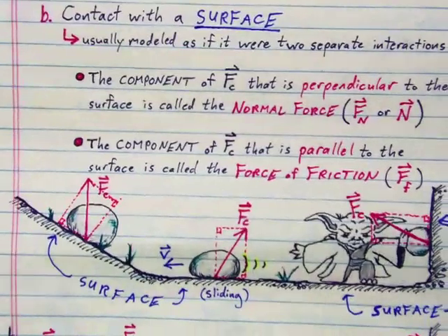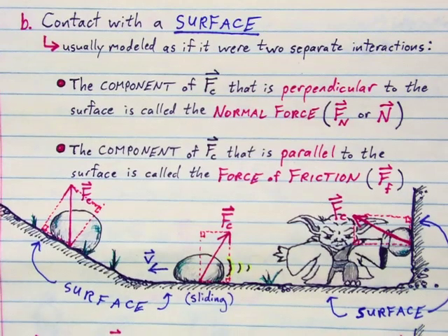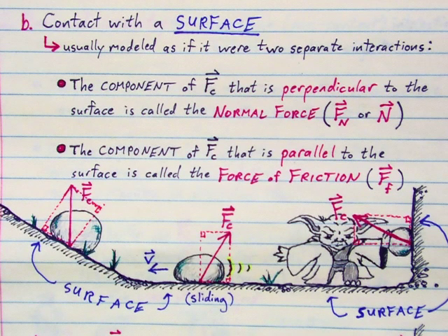Now, contact with a surface. The contact force exerted on an object by a surface is usually modeled as if it were two separate interactions. It's usually convenient to break the contact force apart into two components, which are treated as if they are two distinct forces.